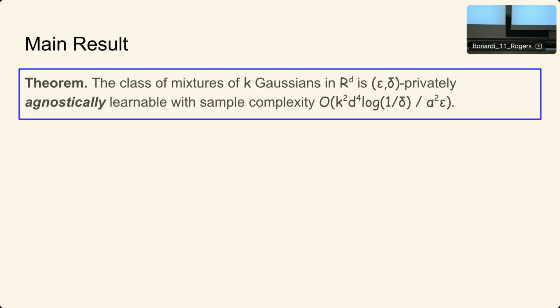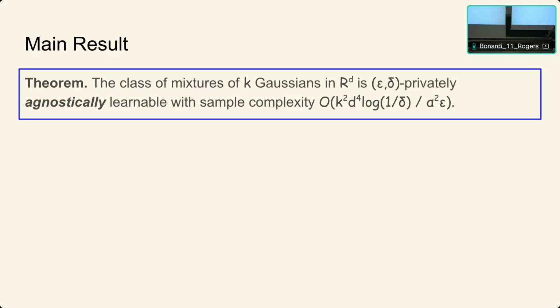Okay, so this is our main result of the paper. What we show is that the class of mixtures of K Gaussians in D dimensions is epsilon delta privately and agnostically learnable. And in particular has some polynomial sample complexity. So something like K squared D to the 4, and then times some dependence on accuracy and privacy.